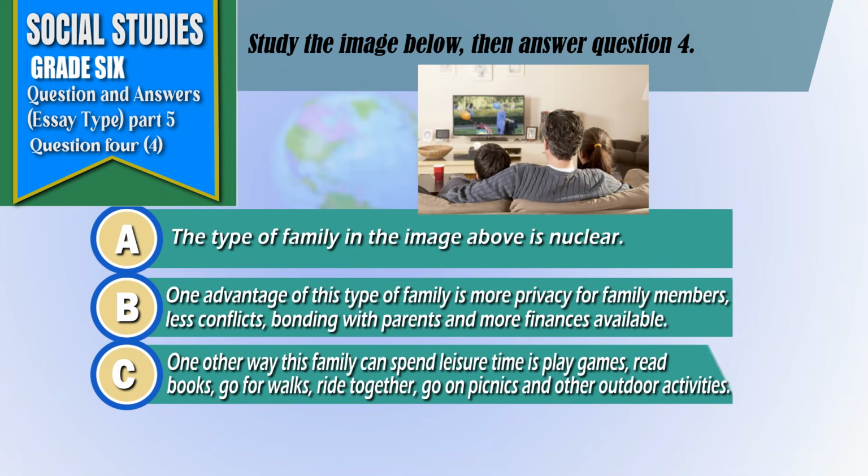So one other way how this family can spend leisure time is they can spend time playing games or reading books, or they can go for walks, or yet another activity, ride together. Another way is to go on picnics and other outdoor activities. These are different ways how this particular family can spend leisure time. So any one of those is correct.